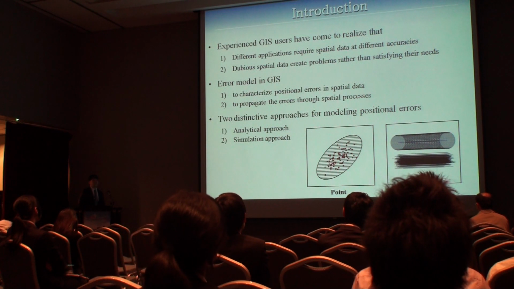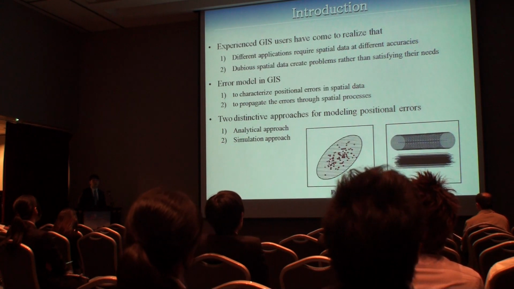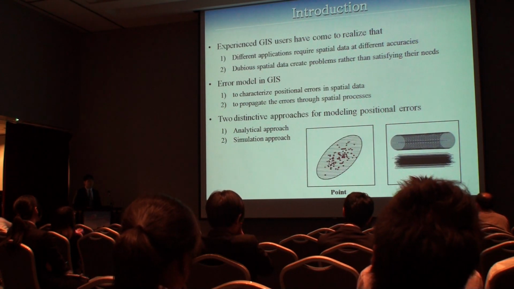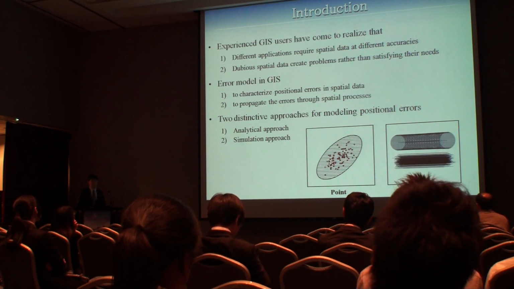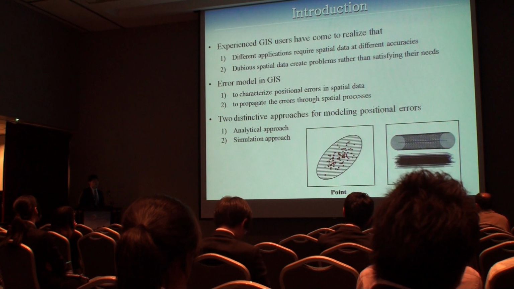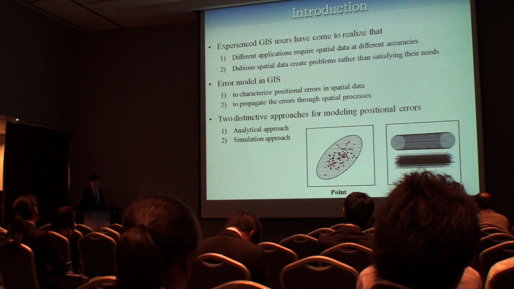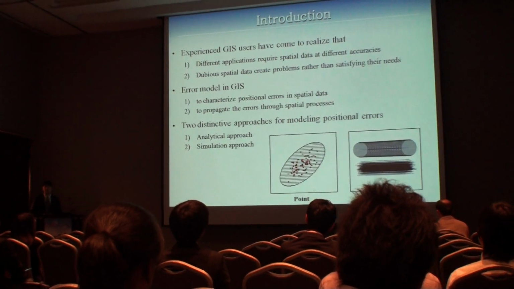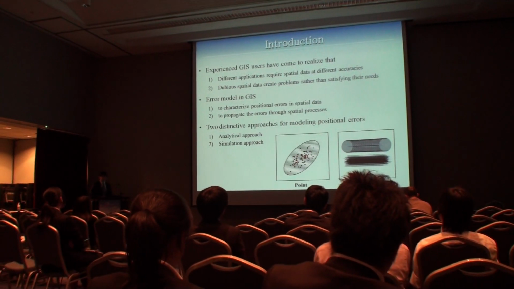To deal with the problems concerning data quality, error models in GIS are used to characterize positional errors in spatial data, and also propagate the errors through the spatial processes. Generally, there are two distinctive approaches for modeling positional errors: analytical and simulation.